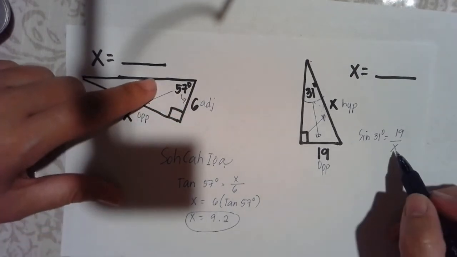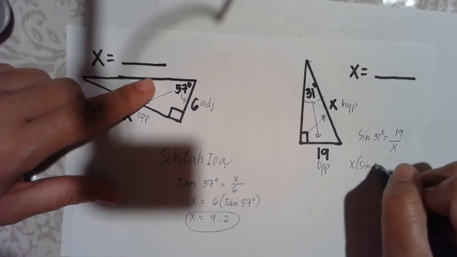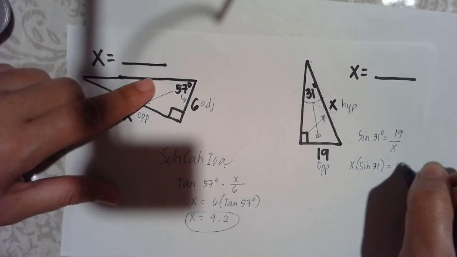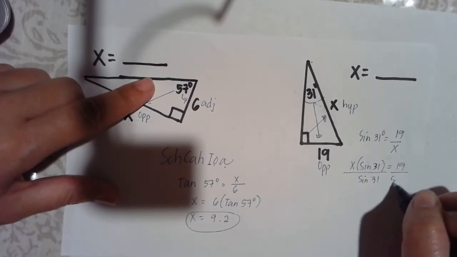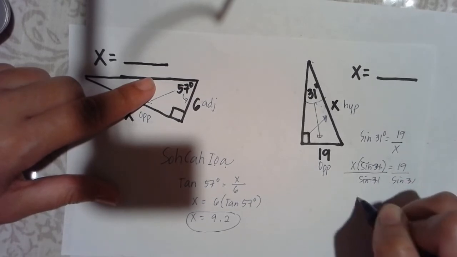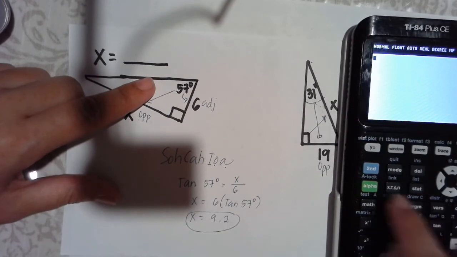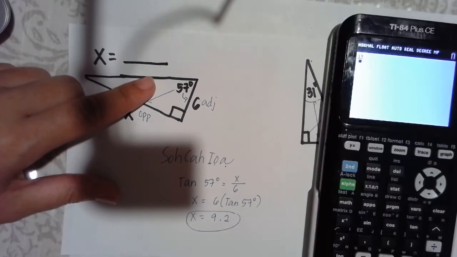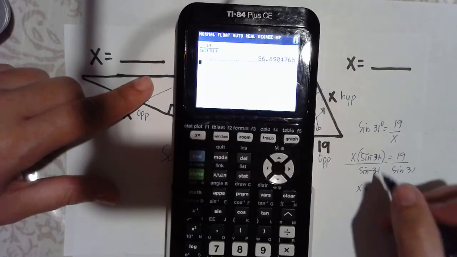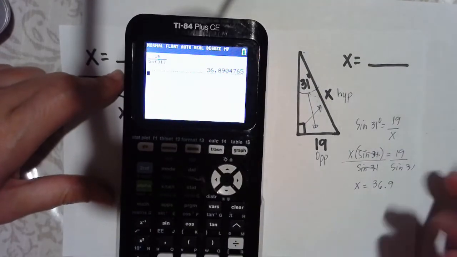Since x is in the denominator, we need to divide. So x is equal to 19 divided by sine of 31, and that is 36.9. That's it. The hypotenuse is 36.9.